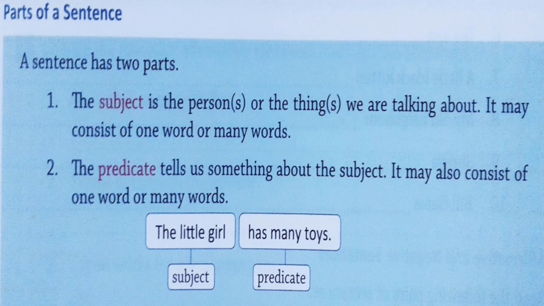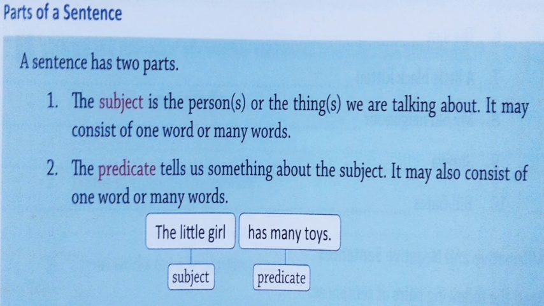For example, the little girl has many toys. In this sentence, there are 2 parts. The first one is the little girl. This is the subject of the sentence, all right? Because in this sentence, we are talking about the little girl.